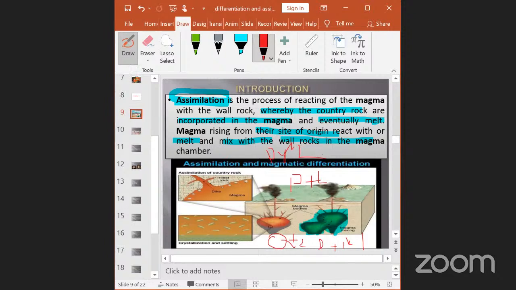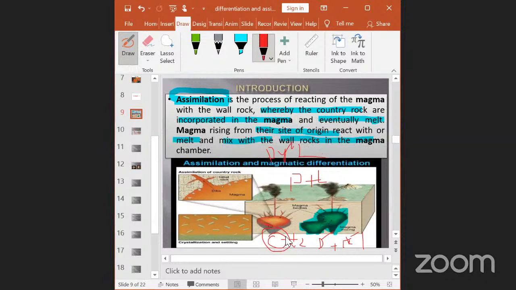So the latent heat provided by further crystallization of pyroxene and labradorite will cause it to dissolve. This situation will occur only if the quartz from the wall rock is at a lower temperature than the magma.